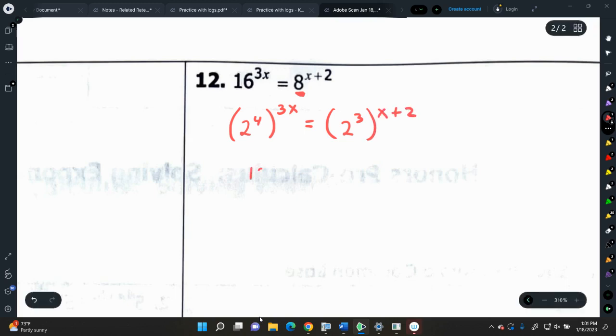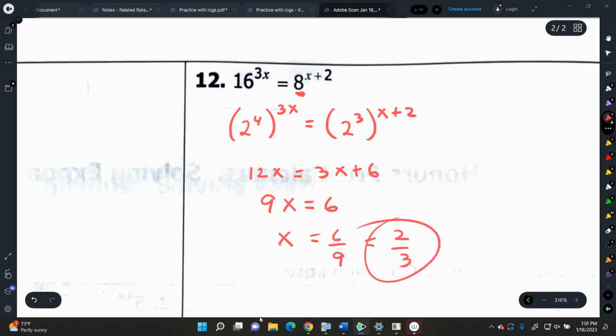So we get 12x equals 3x plus 6. Does everybody understand how we got that? Okay, subtracting 3x, I get 9x equals 6. So x equals 6 over 9, or 2 thirds. Okay.